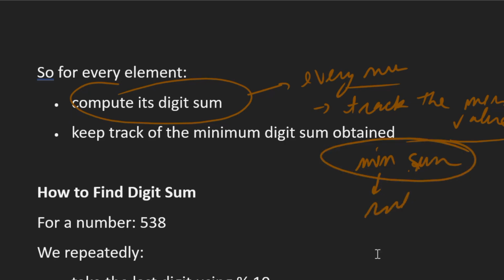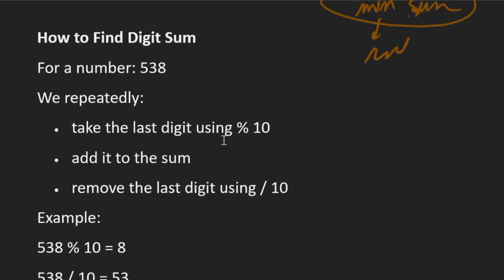Now the question is how to find the digit sum. So basically let's say we have a number 538, right? To take the last digit from the number, we'll be using modulo 10. So if we do 538 modulo 10, it will give us 8.